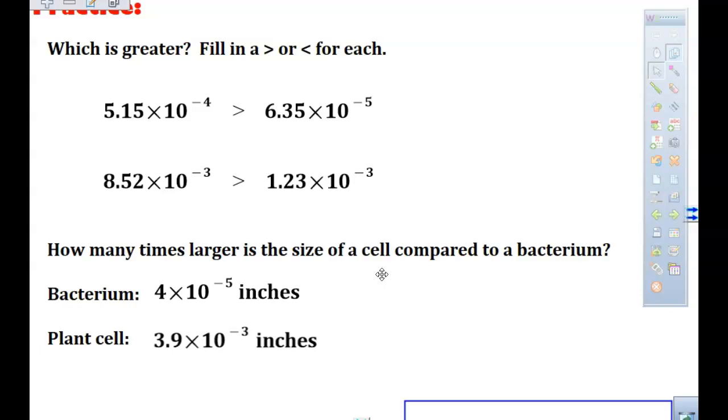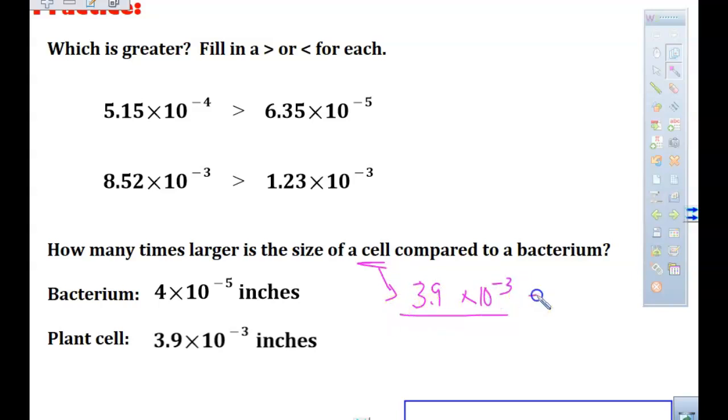If I'm asking you how many times bigger, we're still going to use those exponent rules, but what we have to do is take 4 times, in this case, they ask us to compare the cell to the bacterium. So we're going to put our 3.9, that's our cell, right? We have to put the cell first. The cell is 3.9 times 10 to the -3.